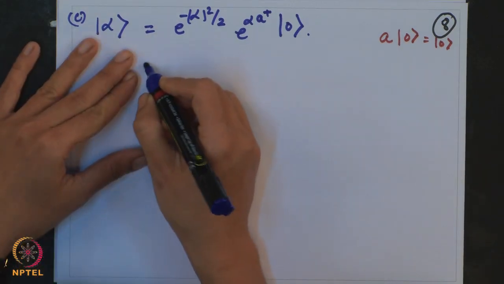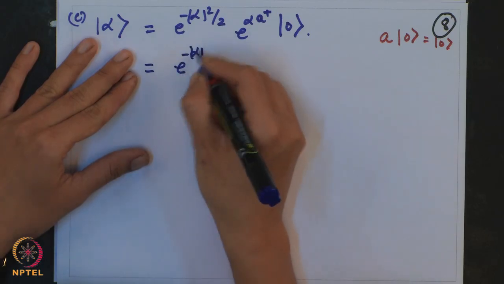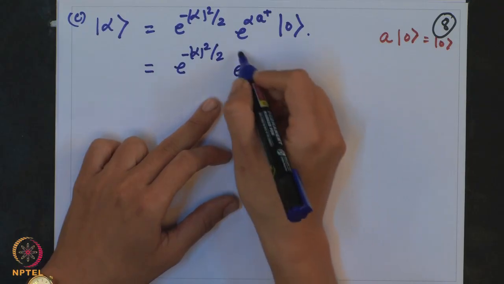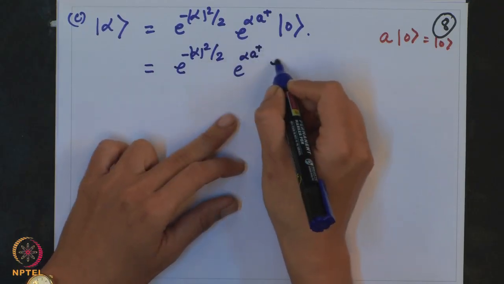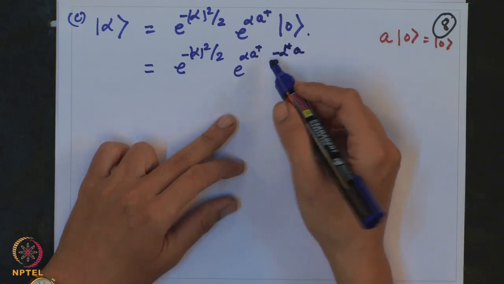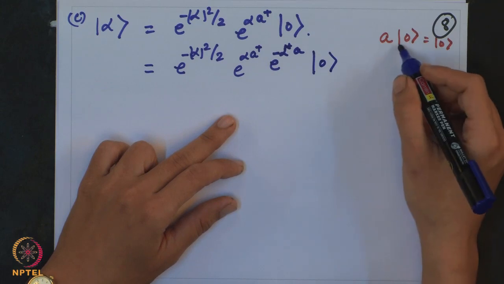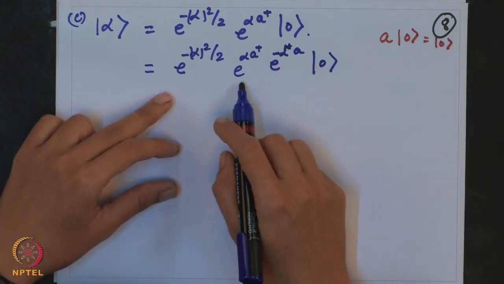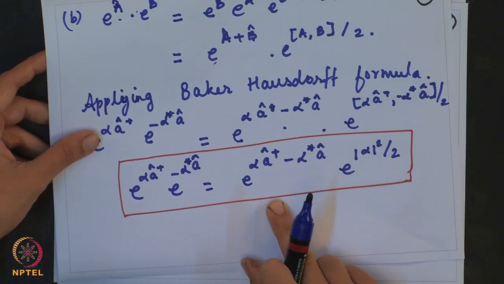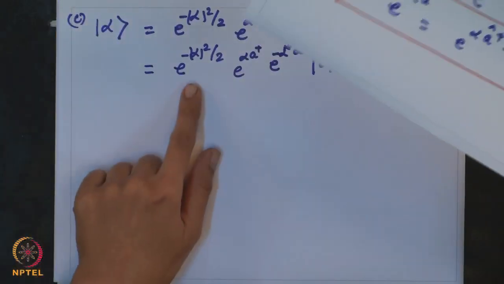So, I can write this again as alpha square by 2 times e raised to alpha A dagger. I can write this as e raised to alpha star A. I can just multiply by some coefficient, it will not matter. We have used this. Okay. Now, remember we had this relation over here. I will use this relation in this expression.